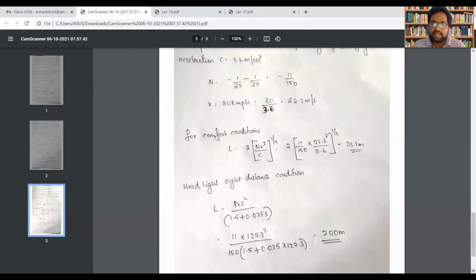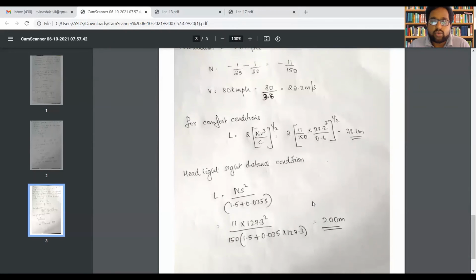Now the headlight sight distance condition. We have a condition for headlight sight distance also. As per the headlight sight distance condition, the length of valley curve L is equal to N S square divided by (1.5 plus 0.035 S).